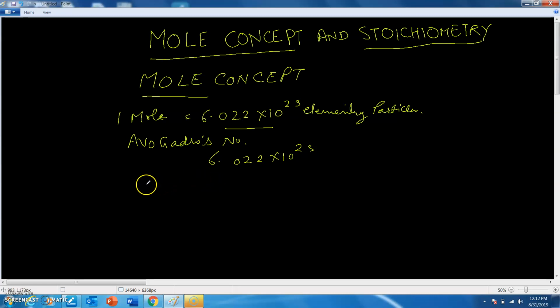Now as we see, 1 mole is equal to 6.022 into 10 raised to power 23. This is the particles or molecules of any substance.